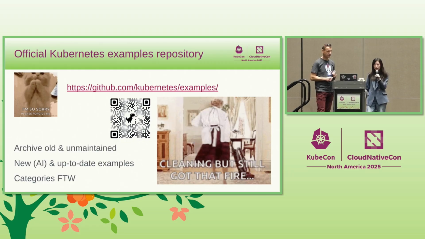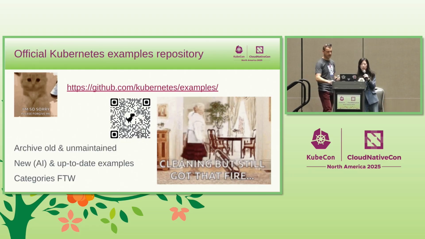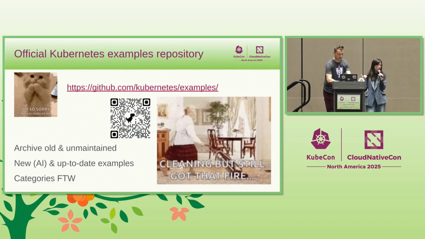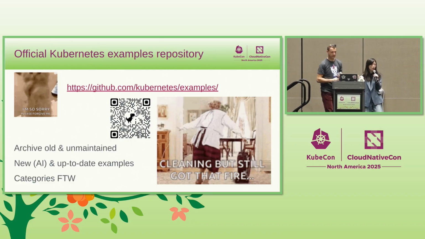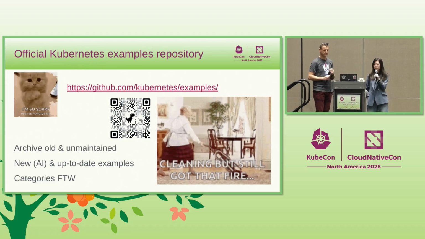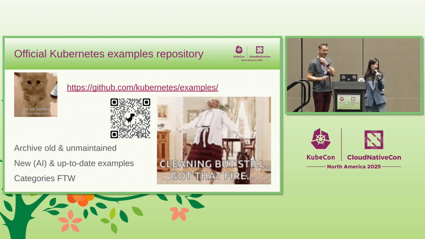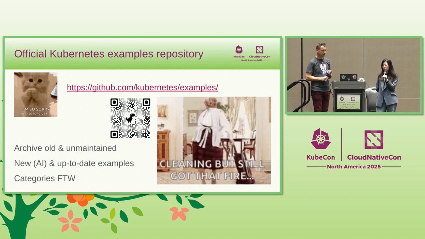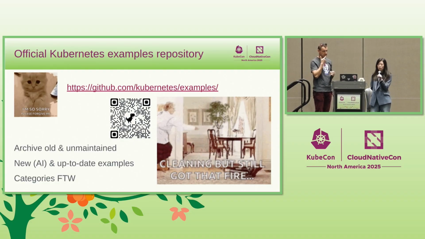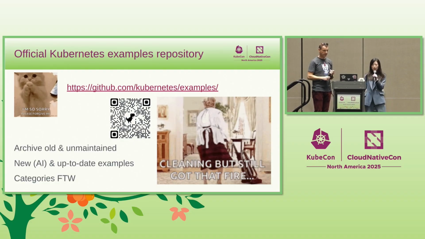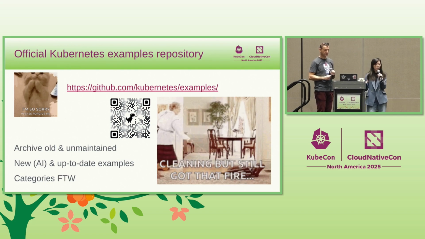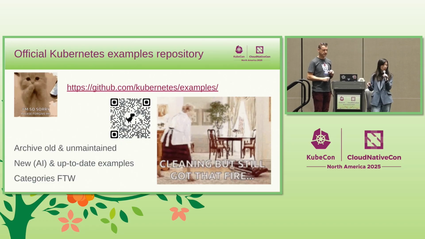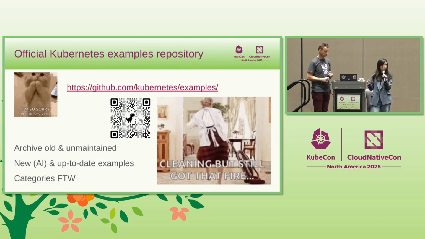The next thing I want to talk about is that we made some changes to the official Kubernetes examples repository. That's also owned by SIG Apps. We found that a lot of the examples are outdated, no longer work, or are not maintained, so we archived those. We also added a few up-to-date AI examples there, and we're asking for more contributions.